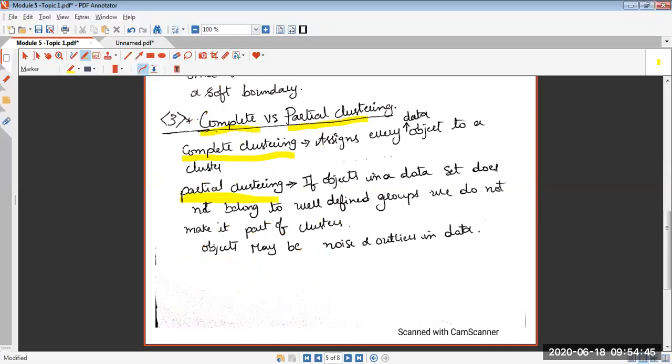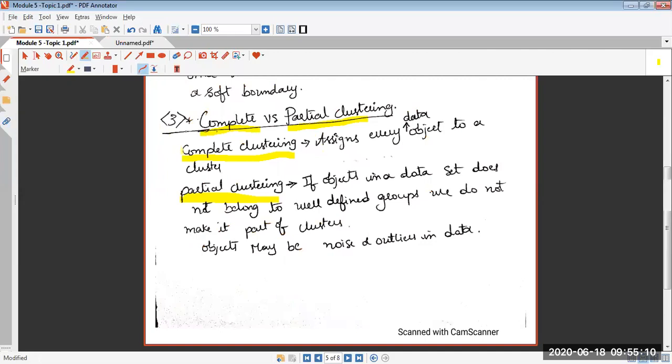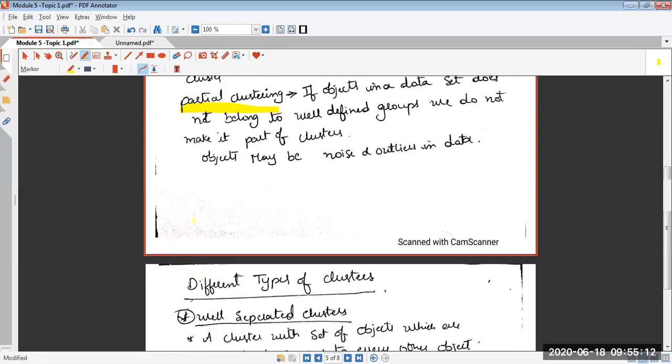Partial clustering means you are not considering all the data objects to be part of the clusters. Some data objects may be left out, because they are not closely related or are completely dissimilar compared to the objects in the different clusters. So this was the difference between complete and partial clustering.